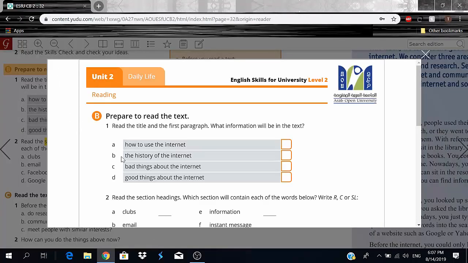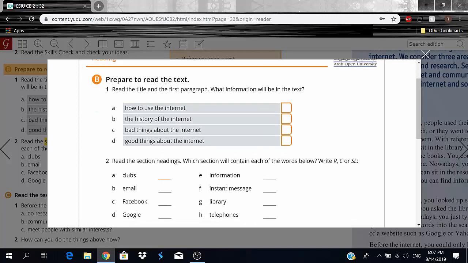So obviously, clubs will be SL, which stands for social life. Email will be C, communication. Facebook will be obviously social life, you guys. Hence the name literally says social media on these websites, so social life. We have Google, so Google obviously research, a great research tool.